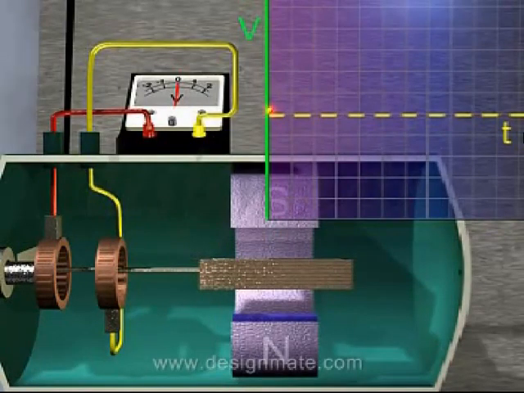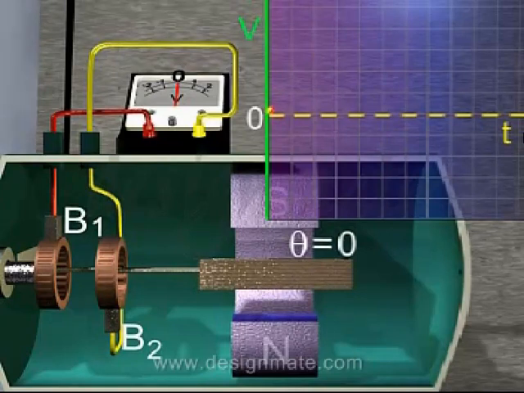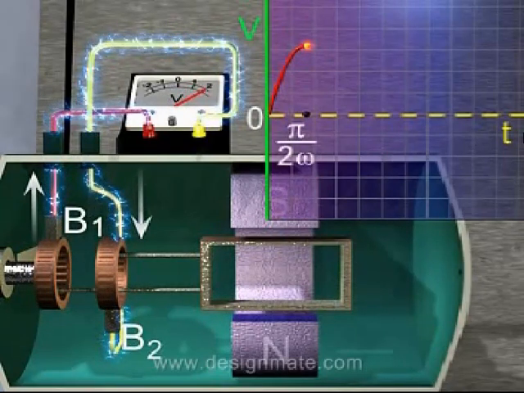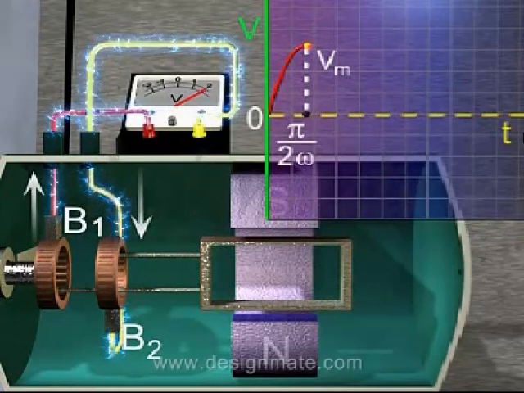When the coil is at its position theta equal to 0 at t equal to 0, the voltage difference between B1 and B2 is 0. It then increases with time t till t is equal to pi upon 2 omega. Thus, starting from 0 at t equal to 0, it increases to Vm at time pi upon 2 omega.